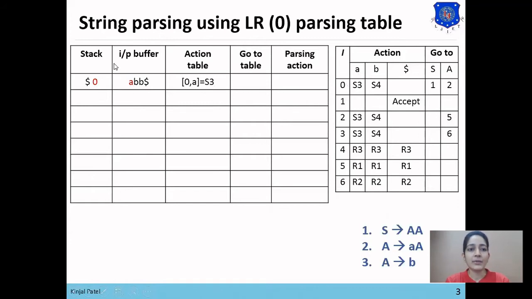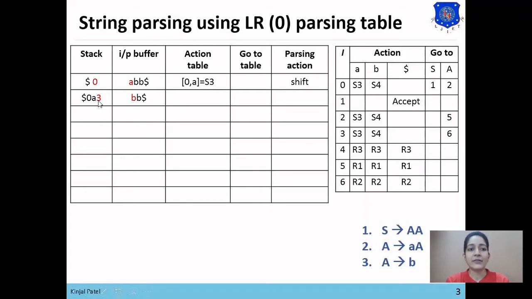So A will be shifted from the input buffer onto the stack, and as the value of shift is 3, A will be shifted with value 3. So in the stack, there is the value 0A3, and in the input buffer, there is the input BB$.